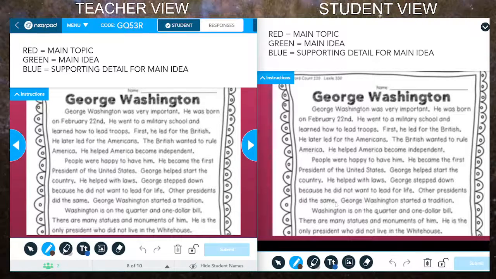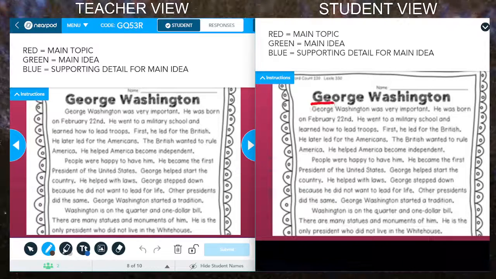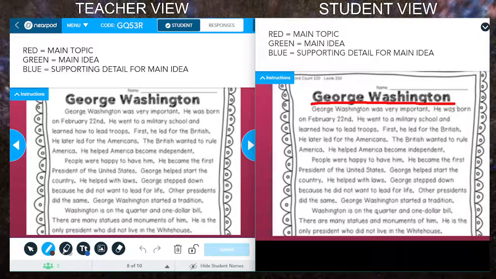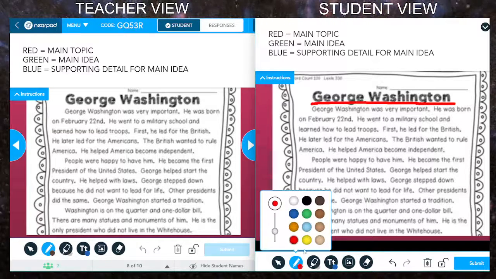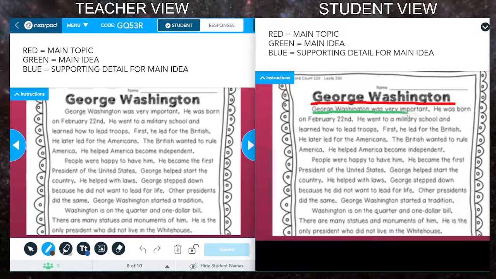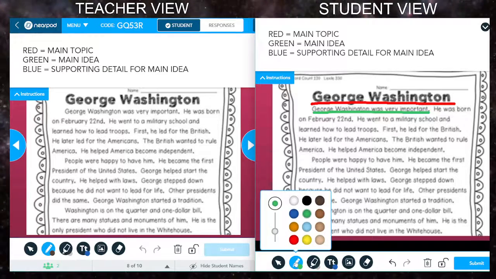Okay? So let's go ahead and get started on that. Again, red is going to be for topic, green will be for main idea, and then we're going to do blue for supporting details for the main idea that you selected.